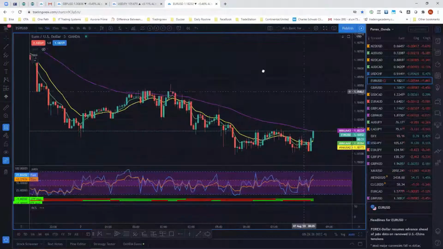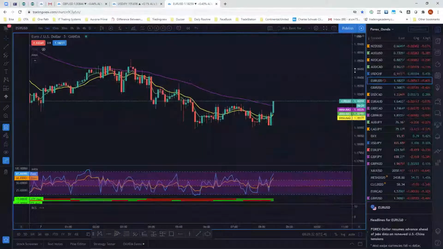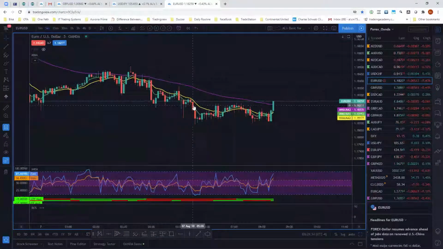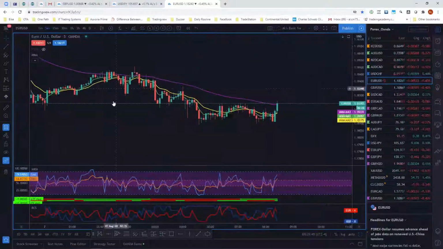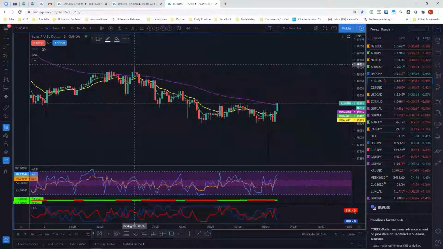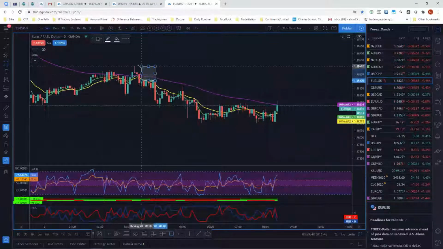This is going to be about another minute before the news comes out. I would be thinking that it might be breaking to the upside. If it breaks the upside, I'd be looking at a target area of probably right around in here.